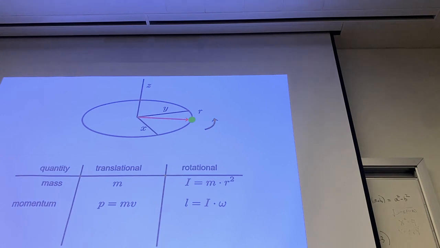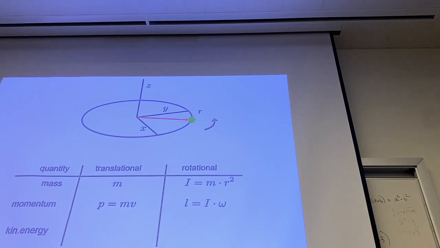And lowercase l equals I, the same I as above, the moment of inertia, times omega. Omega is the angular frequency. That's how many radians it goes around per second. So it looks a little different.